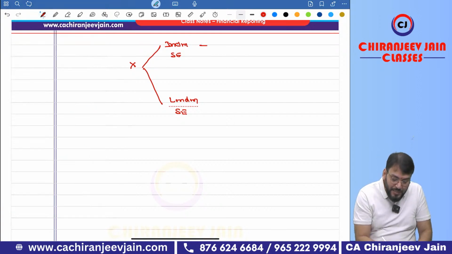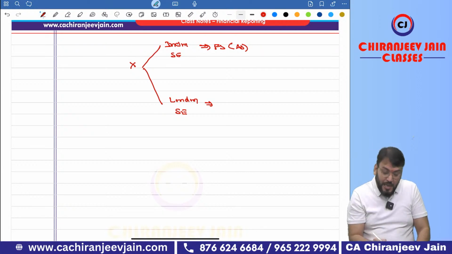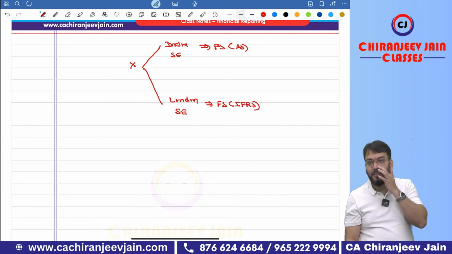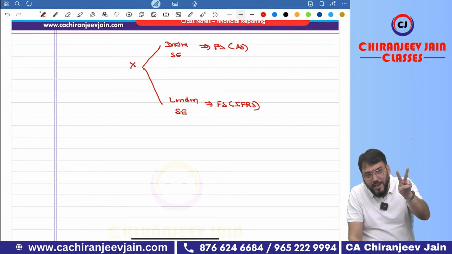So they are preparing their financial statement based on AS. And because they are also listed on the London Stock Exchange, they need to fulfill the requirement of the London Stock Exchange, and therefore they are also preparing financial statements as per IFRS. Got this point? Means at one point of time they are preparing two financial statements based on the requirement of two stock exchanges.